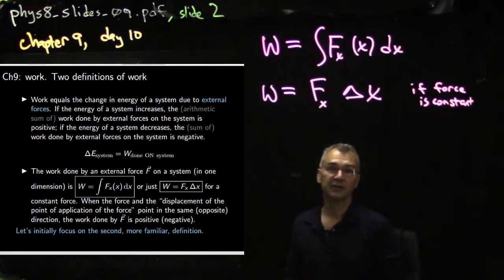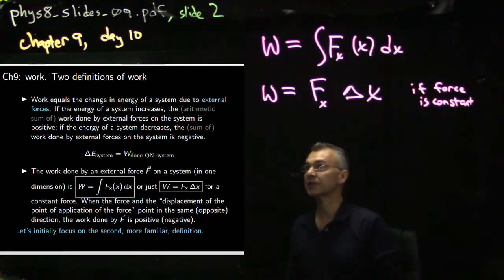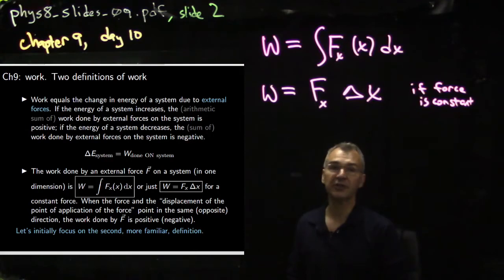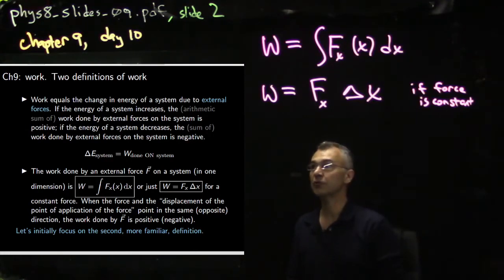But another really useful definition of work in the textbook is that work equals the change in energy of a system due to external forces. So if the energy of a system increases, the work done by the external forces on the system is positive, and if the energy of the system decreases, the work done by external forces on the system is negative.